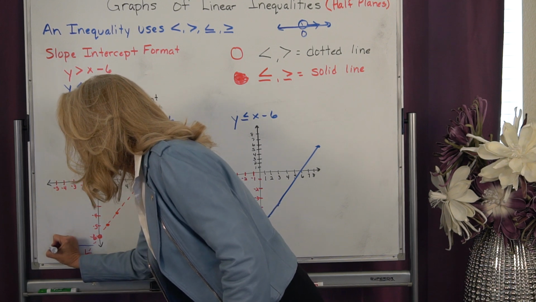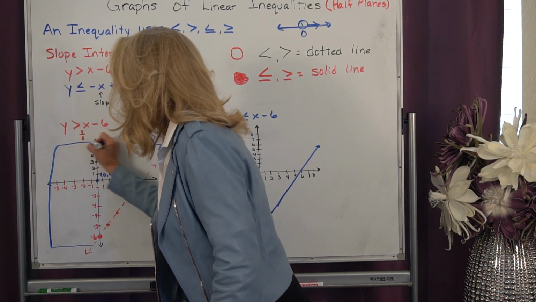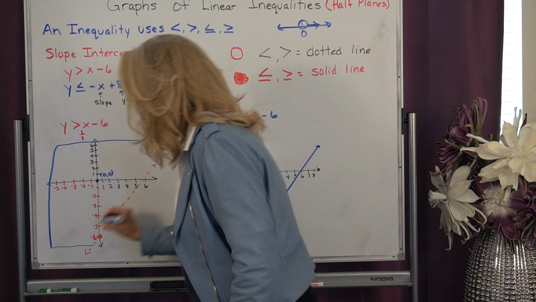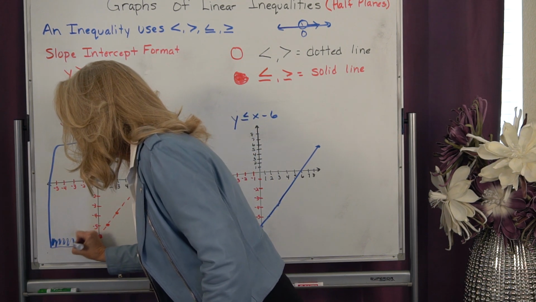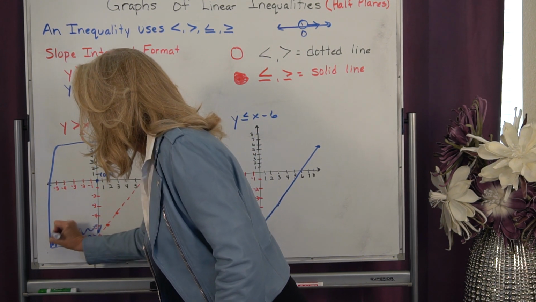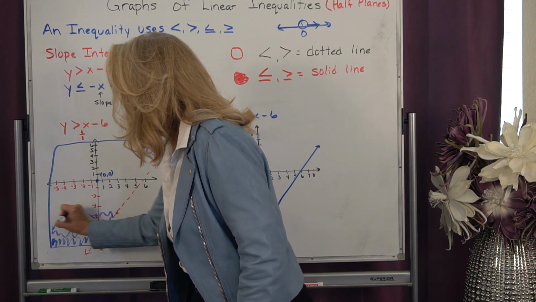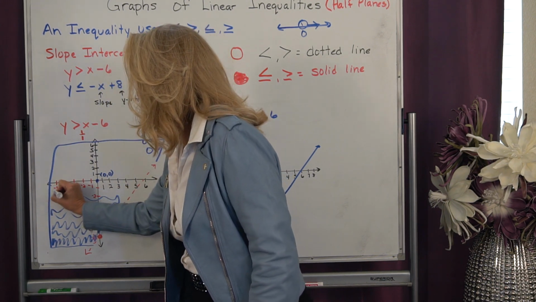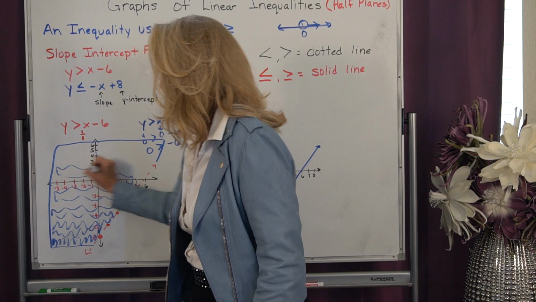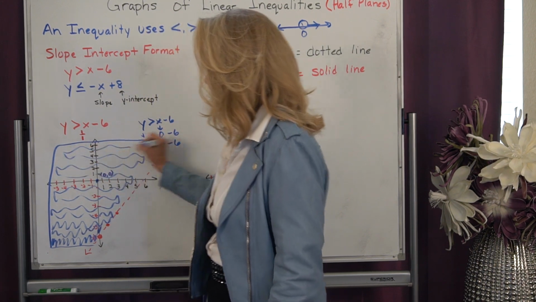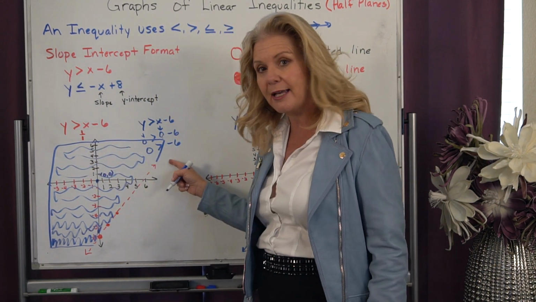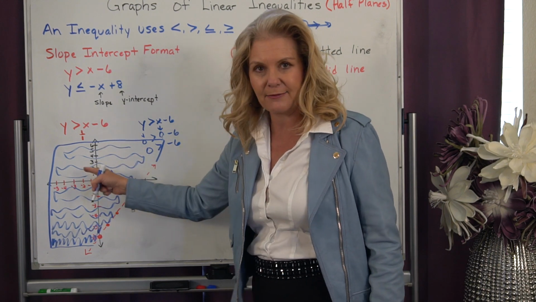So I literally take that plane and I have to shade in the entire thing. And that contains all the answers to that inequality because there are an infinite number of answers to that inequality. So I have my dotted line and I have my shading for that.